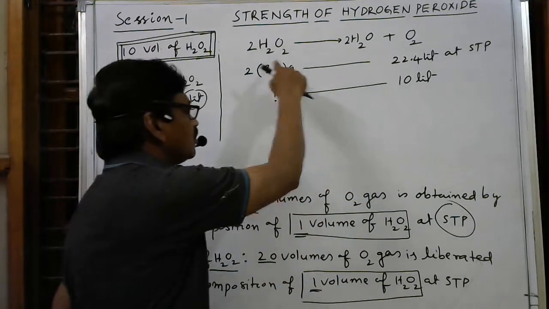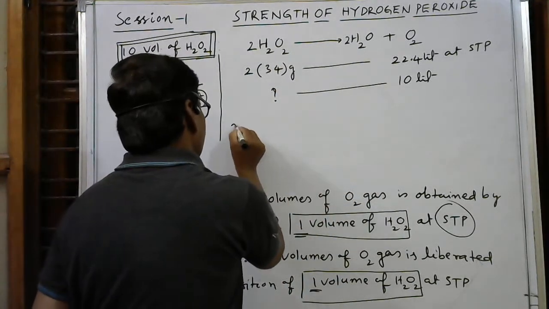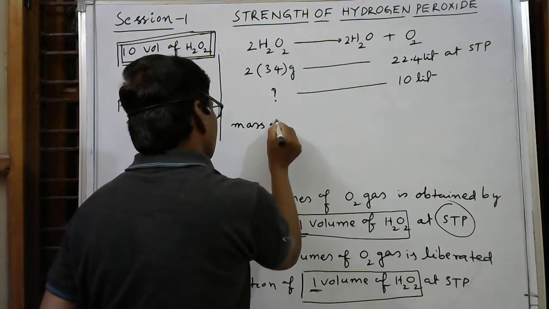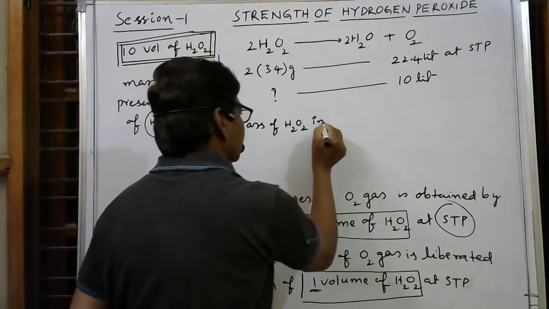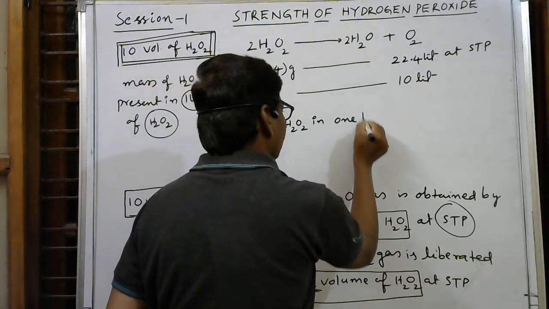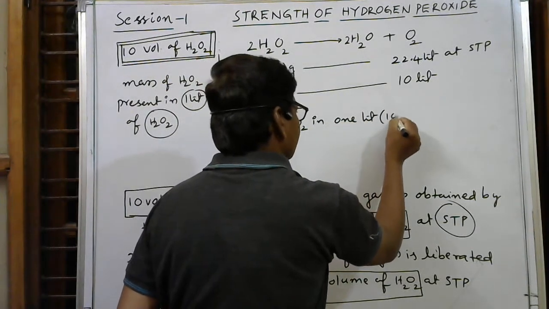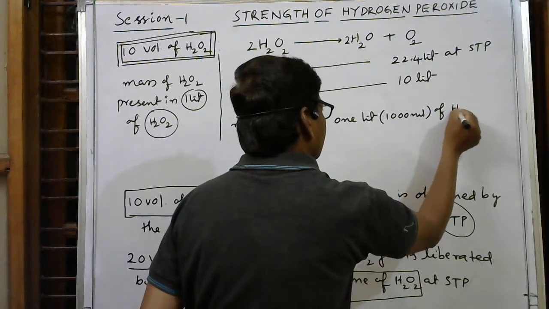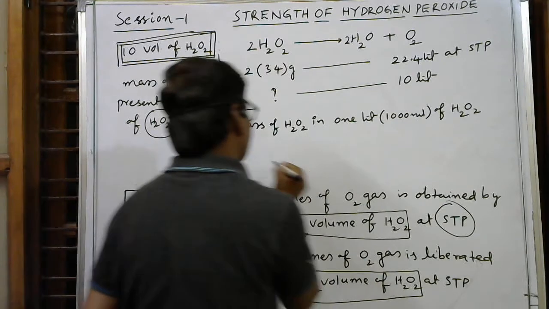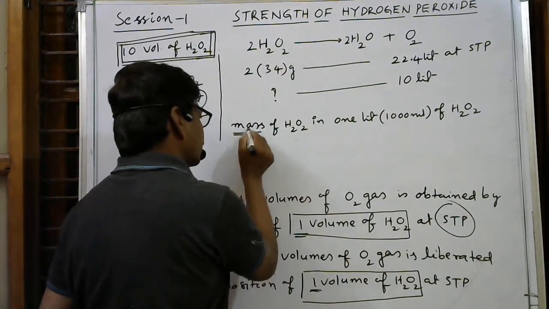If you do cross multiplication, then you can get the mass of H2O2 in 1 liter, otherwise 1000 ml of H2O2. We just have to do cross multiplication to get the mass.